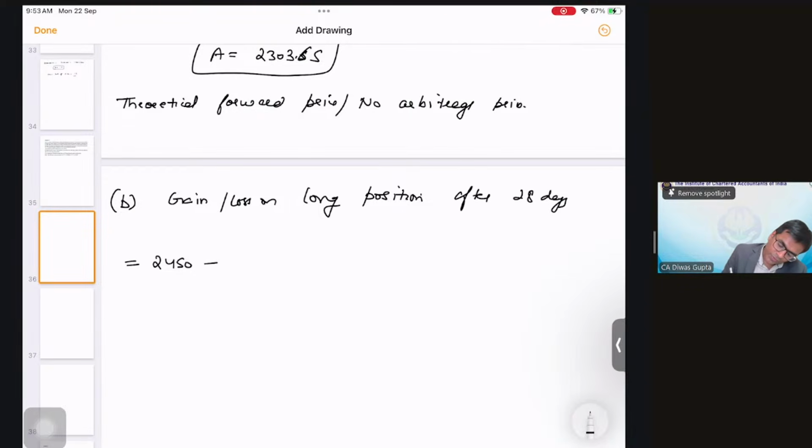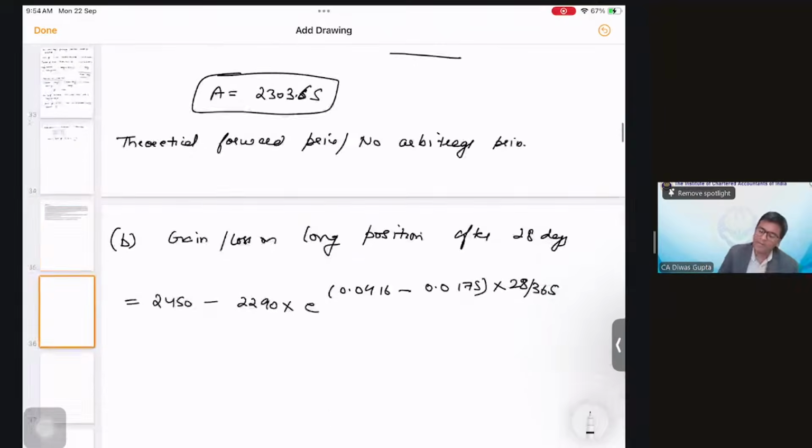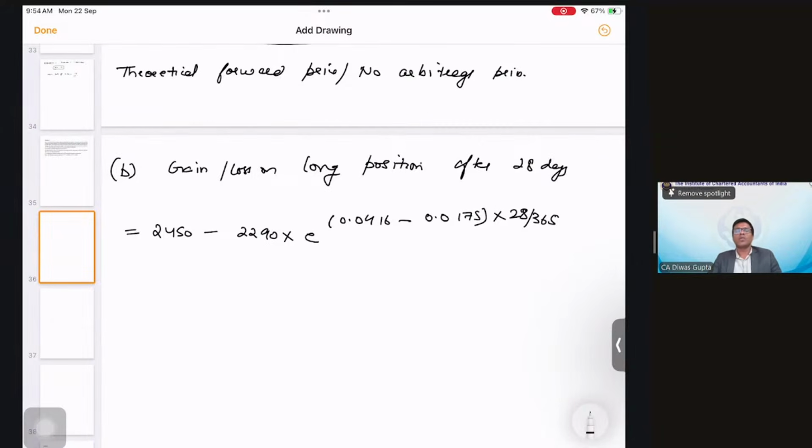So 2450 is the new price minus 2290. What is the price after 28 days? So e raised to the power 0.0416 minus 0.0175 multiplied by 28 days instead of 90 days earlier, right? So now we'll have to find out what is the future value after 28 days. Clear, students?